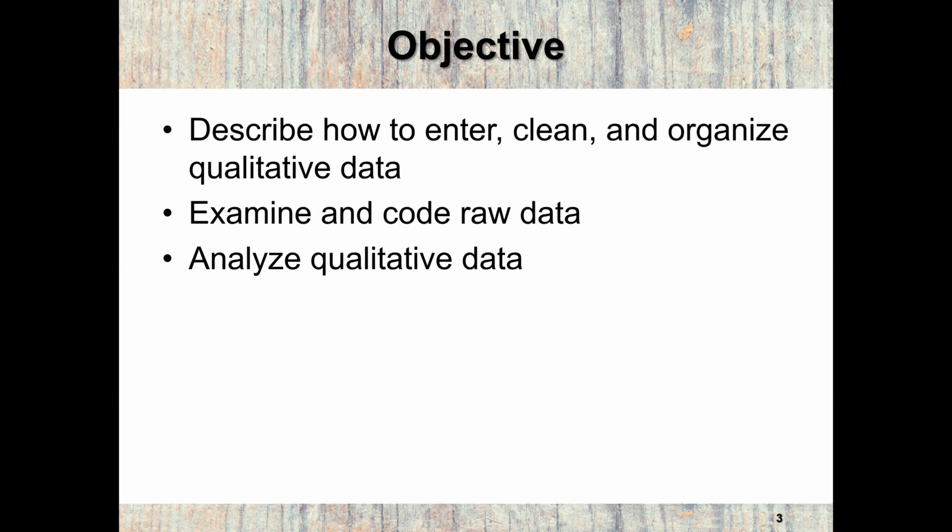Now, when we're analyzing qualitative data, our main goal is counting or finding the mode, because we know qualitative data can be either nominal or ordinal. Mostly, nominal data will be in words or text, so it's not in numerical form. So our main focus will be the mode or counting.